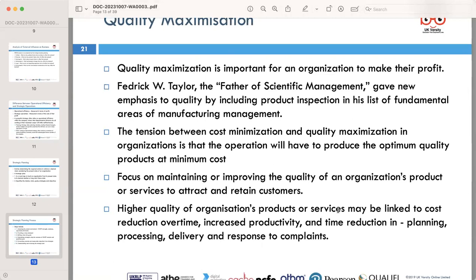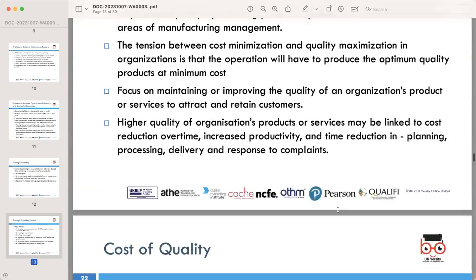So basically, quality maximization is a term used to determine the quality standard that an individual, a firm, or an organization tries to achieve such that they can supply a product or service according to specified guidelines, like sales gains via improved response, price flexibility, increased market share, and improved reputation.